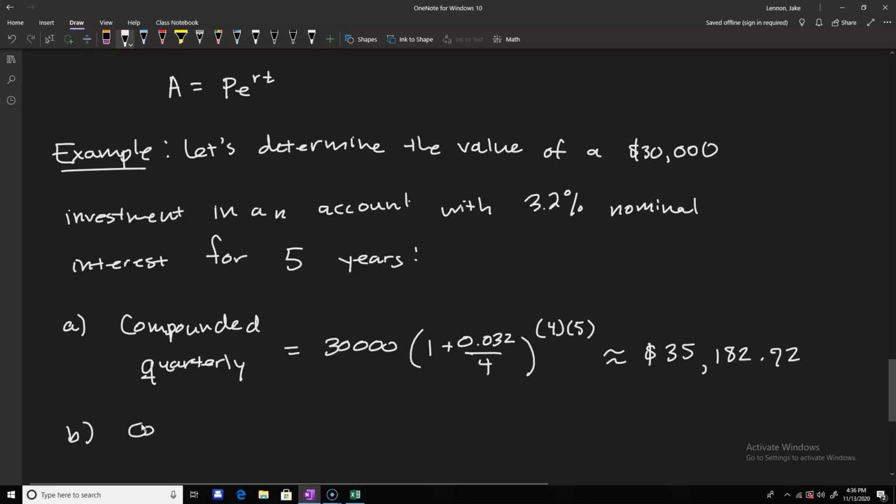So the next one, we'll look at compounded monthly. Just before we do this, we're not going to do these computations, but code words that come up often when you talk about pay periods is you could either have semi-monthly or bi-weekly. That's often how people are paid. Semi-monthly would mean twice per month, and bi-weekly would mean every 2 weeks.